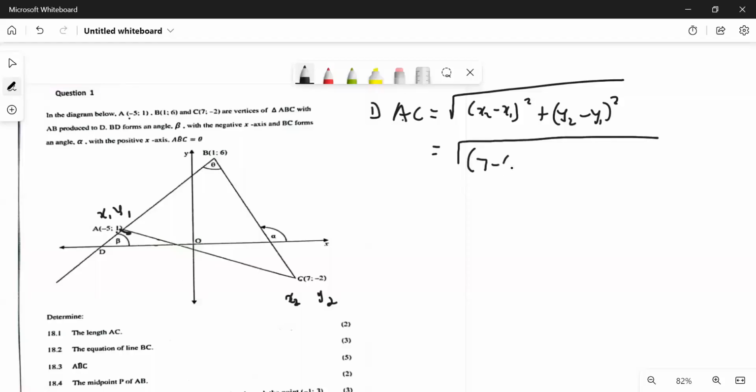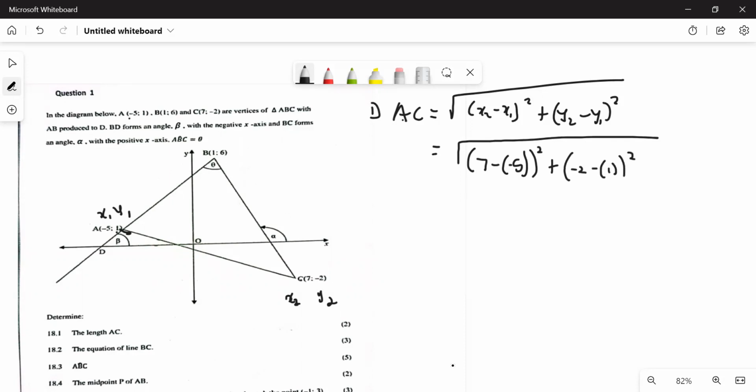So we have 7 minus open bracket, and then what is going to be x1 based on what we chose? We have minus 5 close bracket all squared, plus what is y2 based on what we chose here? Minus 2, minus open bracket, what is y1? 1 close bracket all squared.